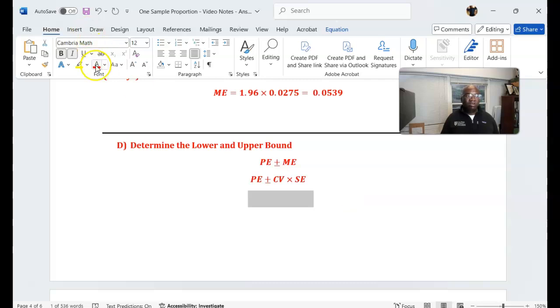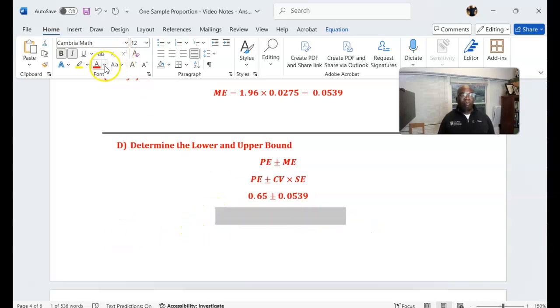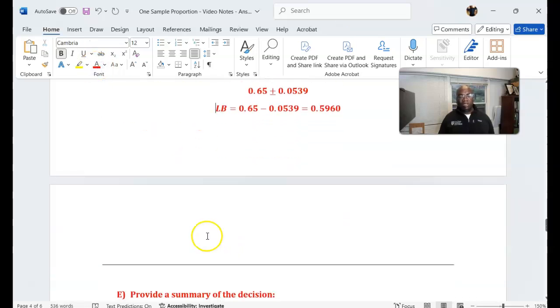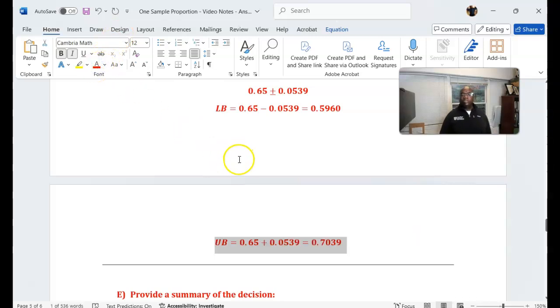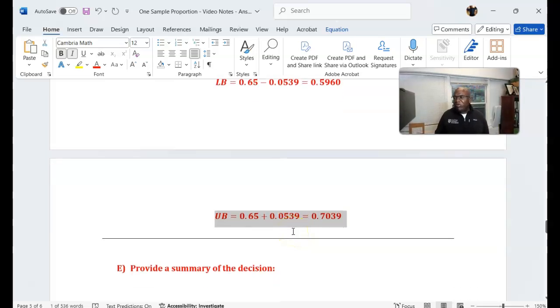In terms of our numbers, we have 0.65 plus or minus 0.0539. Our lower bound is 0.65 minus 0.0539, and our upper bound is 0.65 plus 0.0539.